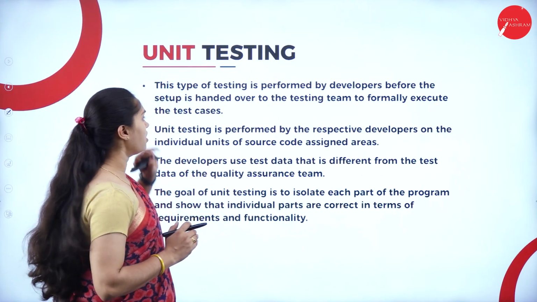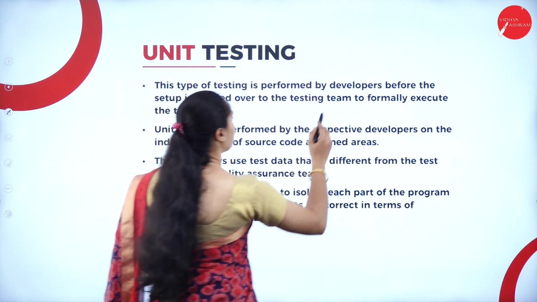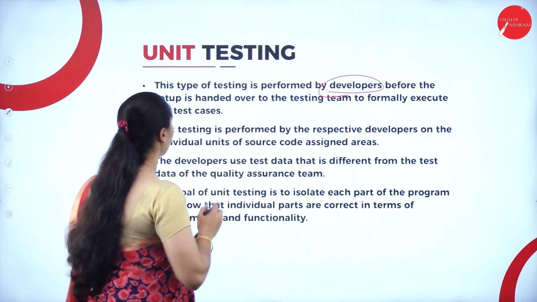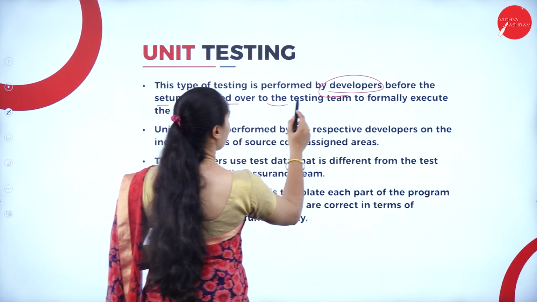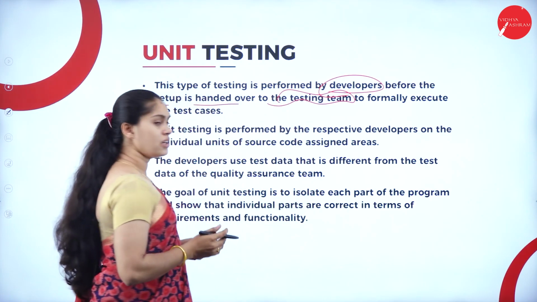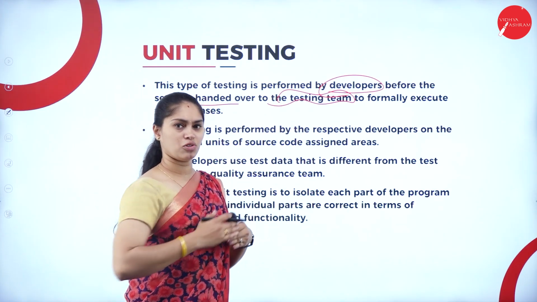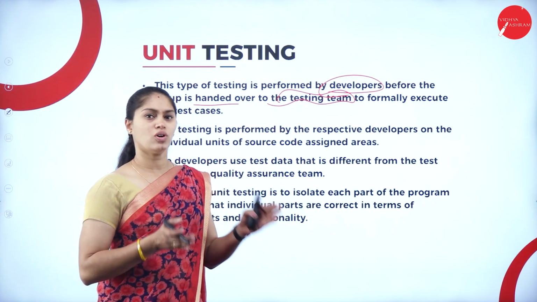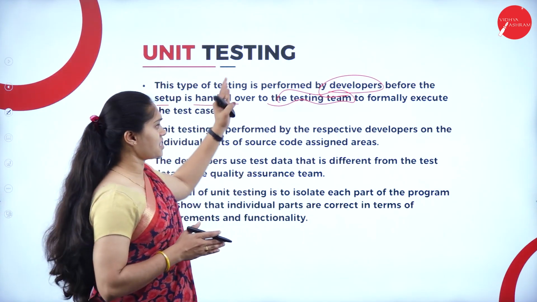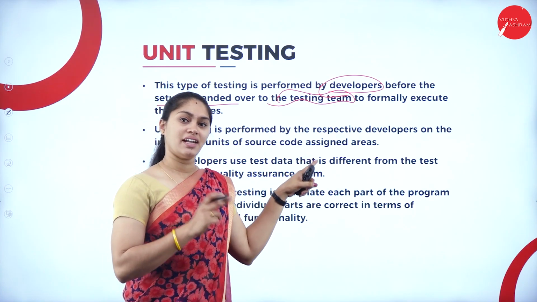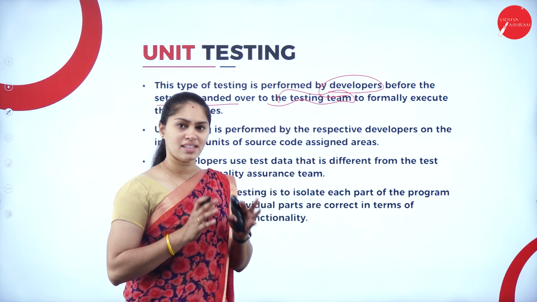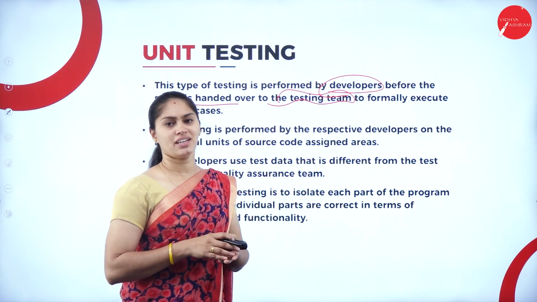So when it comes to unit testing, it is performed by the developer before the setup is handed over to the testing team. So first we write the code, then it has to be given to the testing team. So here unit testing is performed by the developer. Once the development is done, they will check: do we have any errors in it?